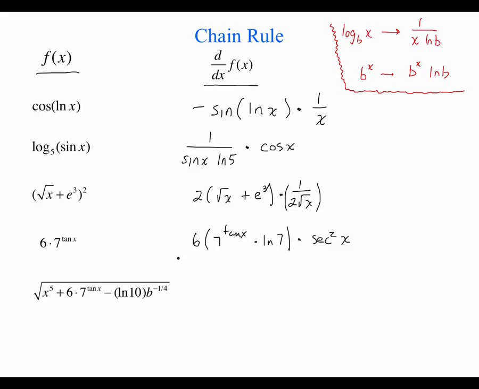Okay, so now here we've got a couple levels deep. So the whole thing is what? So it'll be 1 over 2 times what will go in here? Exactly as it is. First.